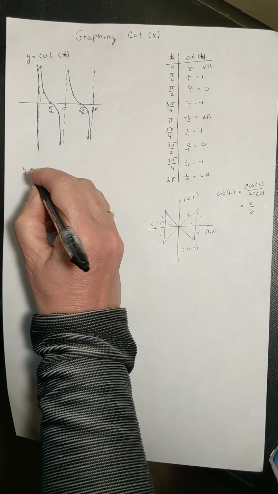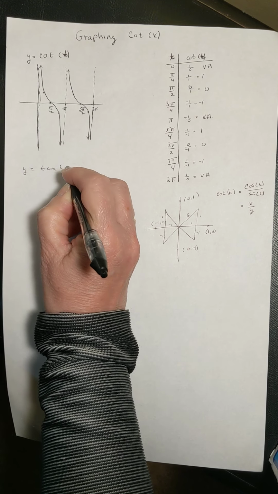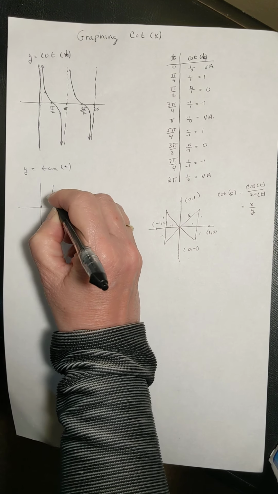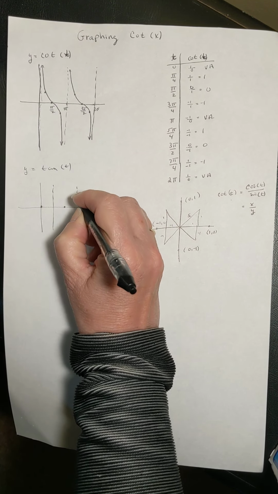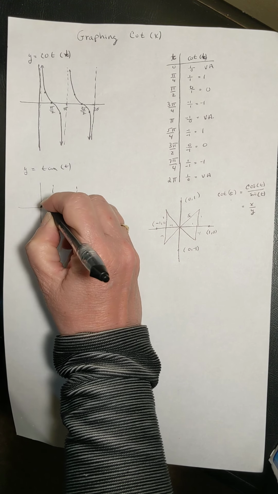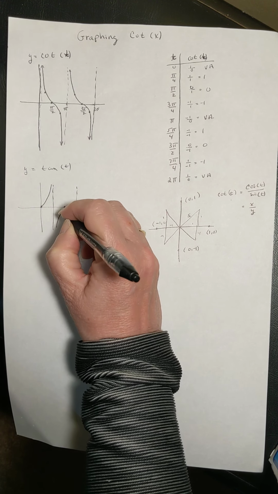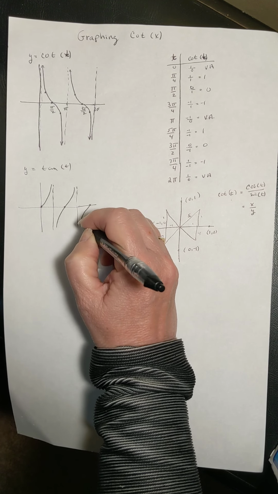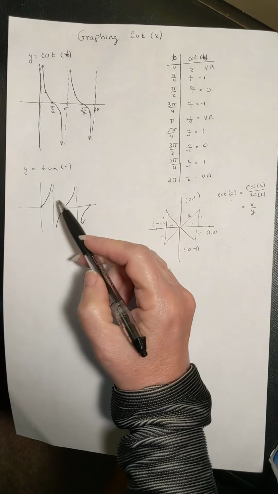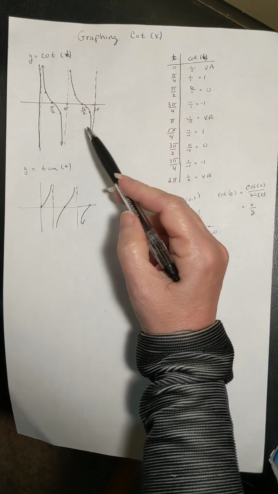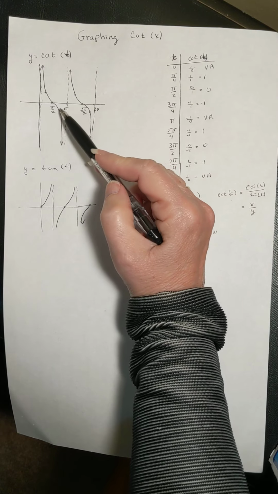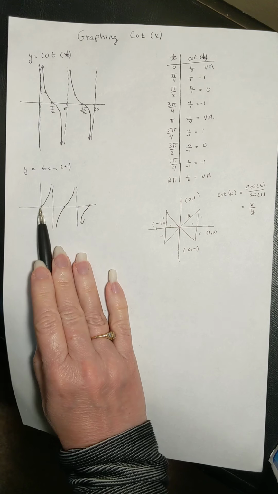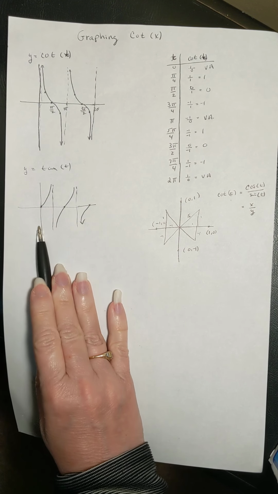So let me just kind of plot in the tangent of t here. So remember, this one looks like this, from 0 to 2 pi. This one is going down, so it's a decreasing function instead, and it has a vertical asymptote on the y-axis instead of the tangent having a 0 on the y-axis.